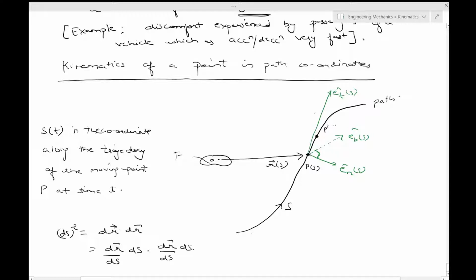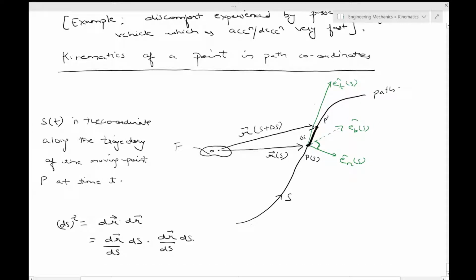Hence we can draw another position vector, which would be called R of S plus delta S. So delta S clearly is this. This small change in S position is delta S, and ds is an infinitesimal change in the position. So when delta S tends to 0, that becomes ds.